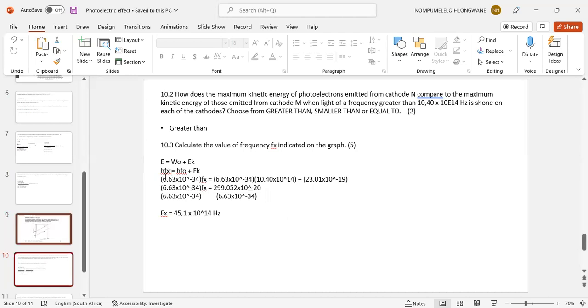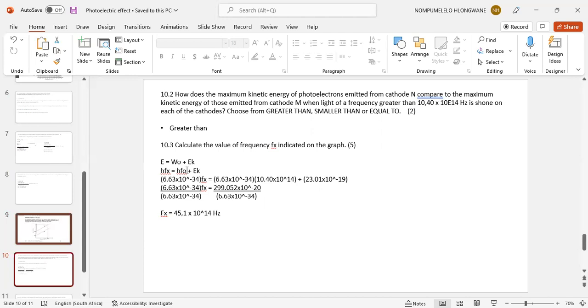We substitute the work function with h f naught, the cutoff frequency, plus EK, the kinetic energy. Substitute Planck's constant. h is a constant that you must know: 6.63 times 10 to the negative 34. Do direct substitution.